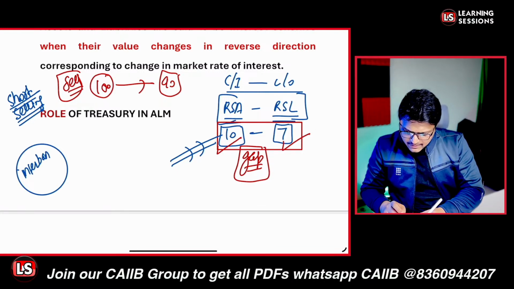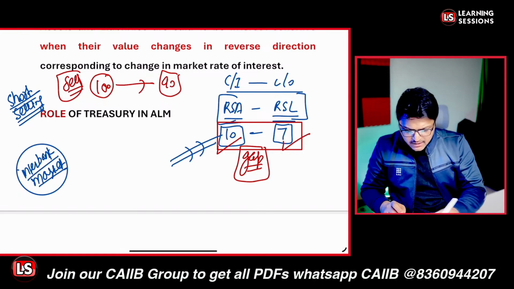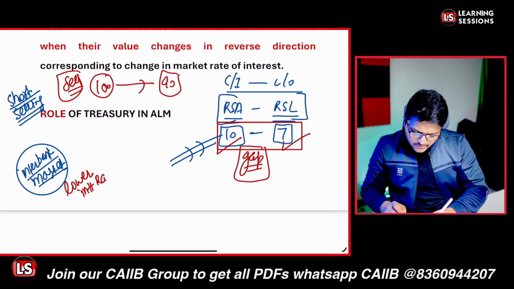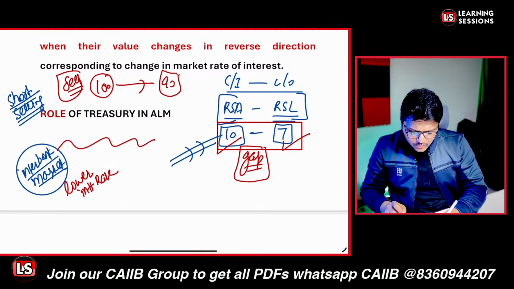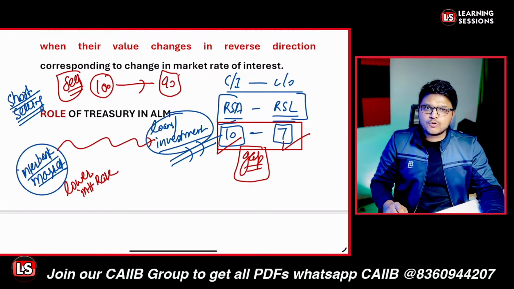That money will be cheaper, available at a lower interest rate, and the bank is going to invest it in different investments, maybe loans or investments for longer durations.